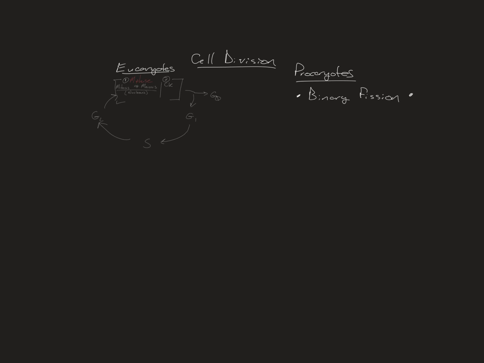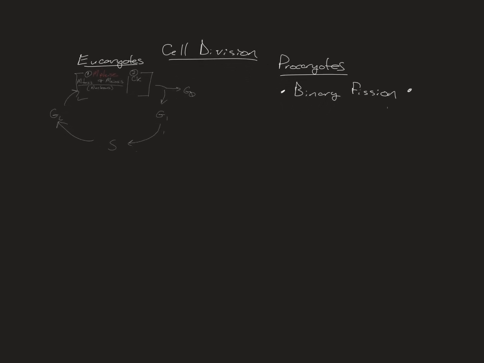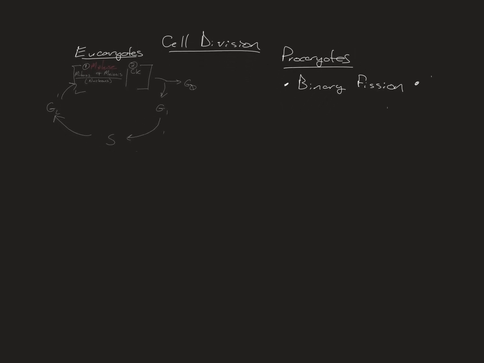They do have to duplicate their organelles and increase their size, but they don't have any internal membrane-bound organelles. So they can do binary fission, cell division, very quickly. They don't have to do all the steps that eukaryotes do.